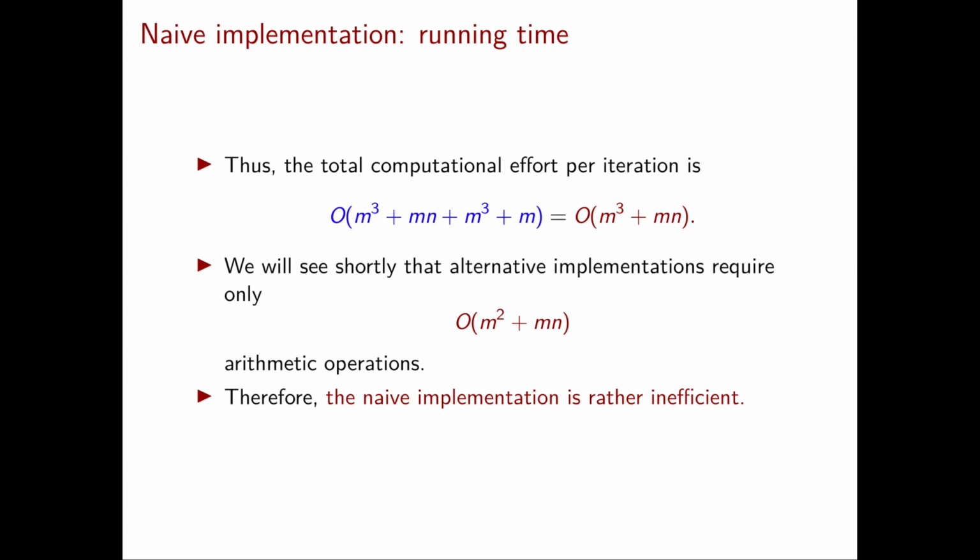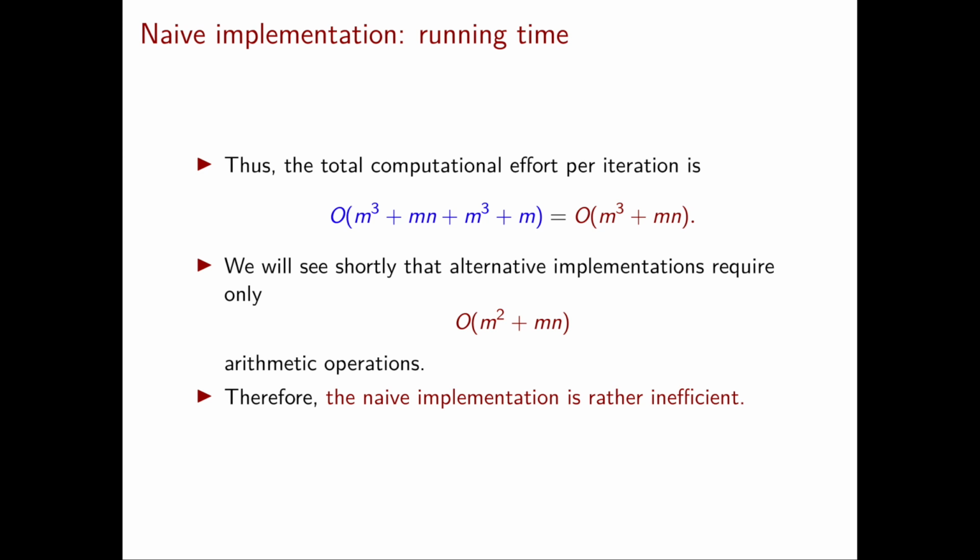One of the great advantages of the naive implementation is that what we're doing is extremely clear from a geometric point of view. In fact, in the naive implementation, we have just followed our construction of the simplex method that was based from the very beginning on our geometric intuition. So the naive implementation is easy to follow and understand.